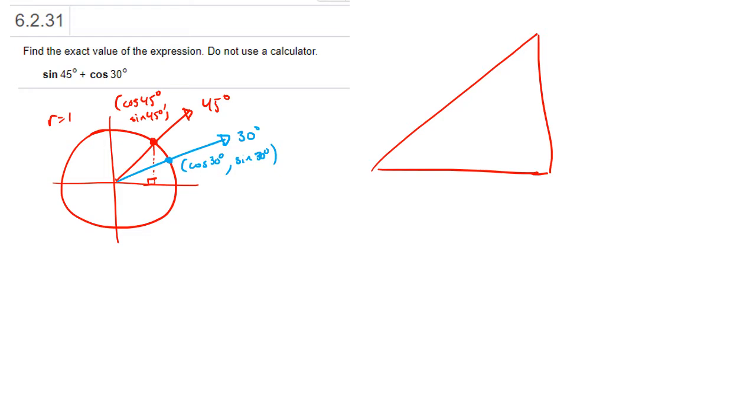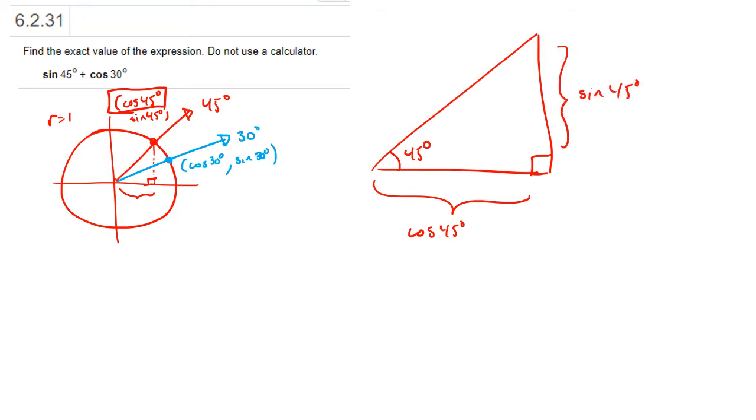Notice I've made it a right triangle. This angle right here is exactly 45 degrees. This width of the triangle is the x-coordinate of that point, how far to the right from the origin I had to move to get to that point. So this width is exactly the cosine of 45 degrees, and this height is exactly the sine of 45 degrees.